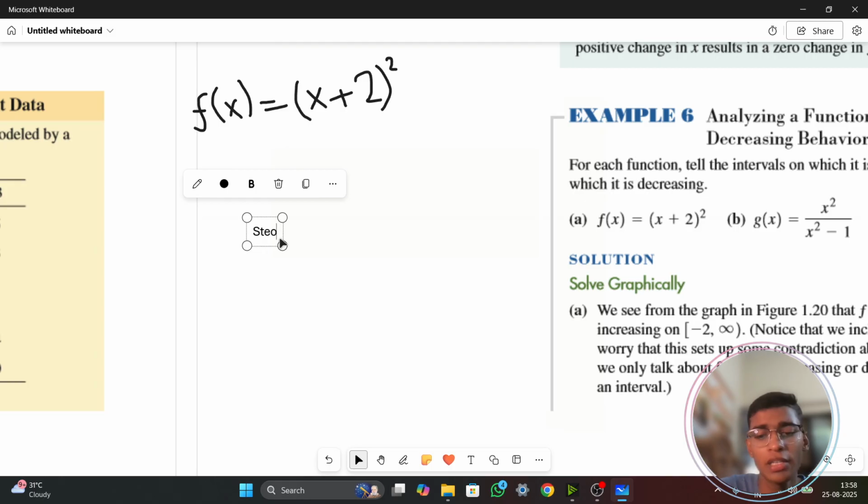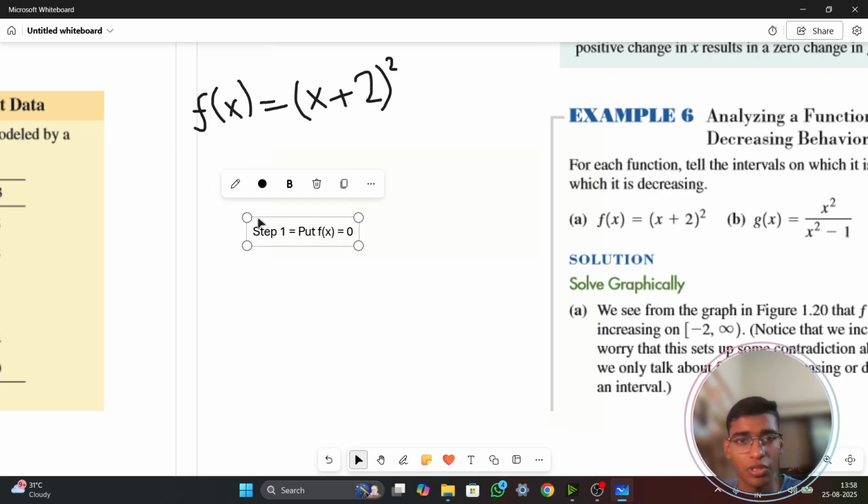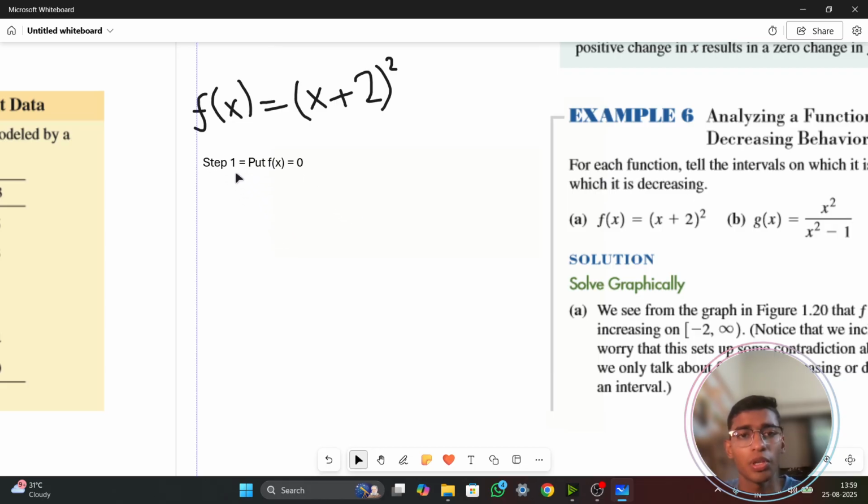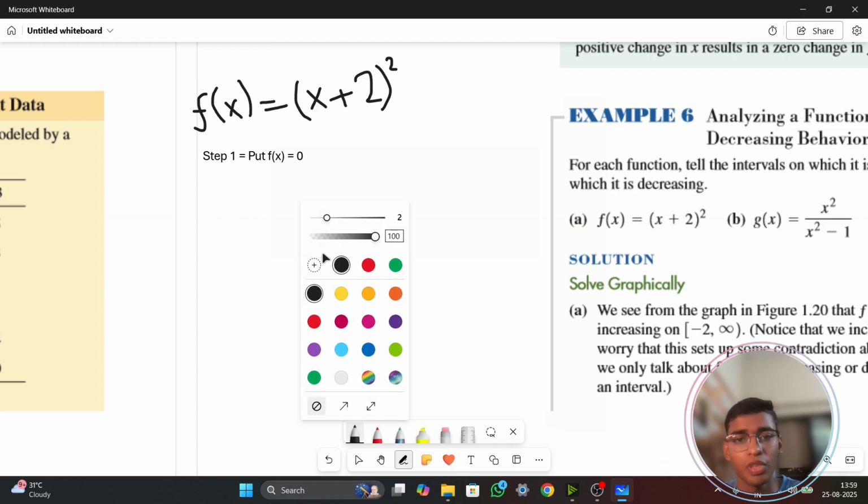Step one has to be put your f dash x, that means put your slope equal to 0. This is the first step. So what you are actually going to do is just put your f dash x equals to 0. So the moment I do this, what am I getting exactly?